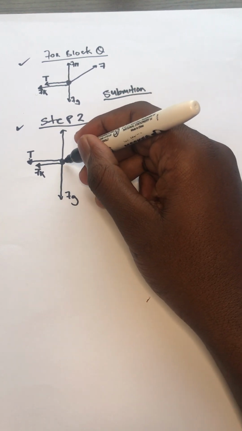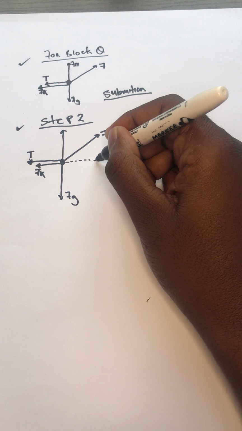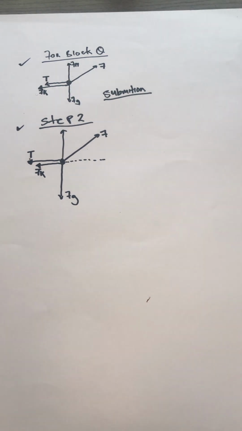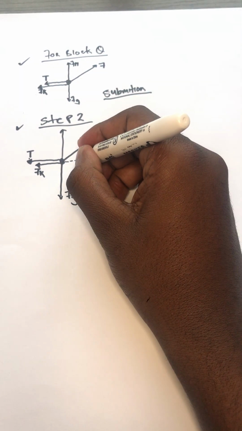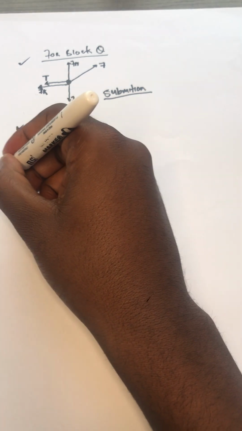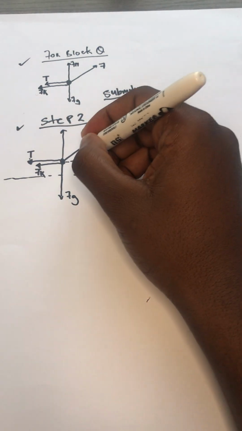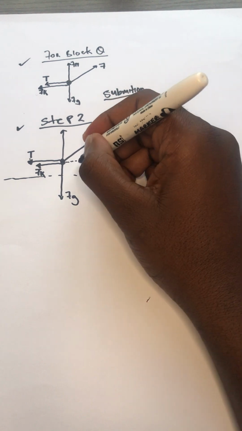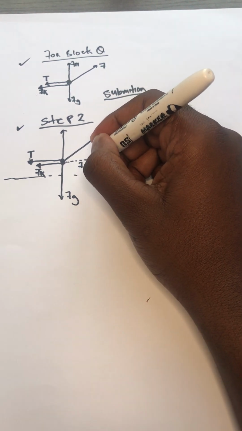Look, this first component is parallel to the surface. If this is your surface, then this force is parallel to the surface, so this is F parallel.